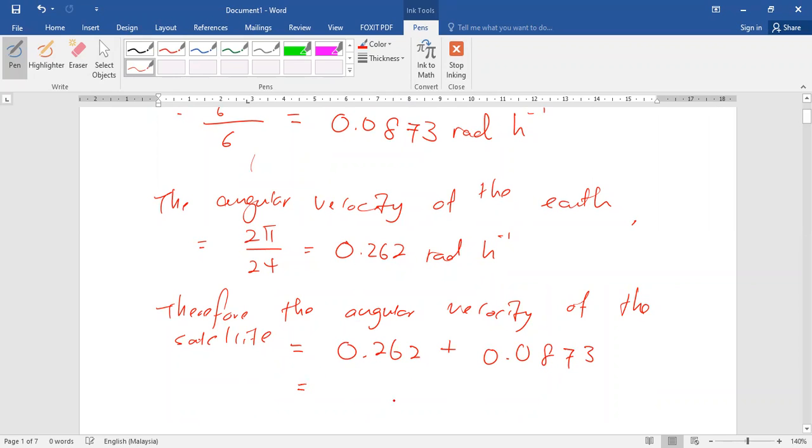So it will be equal to 0.349 radian per hour.